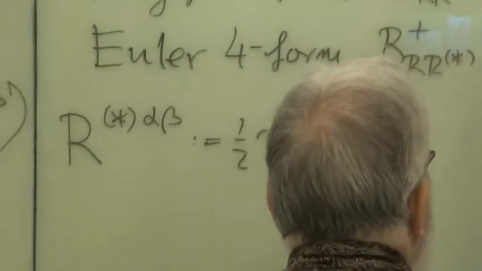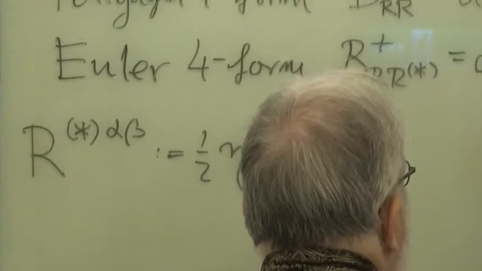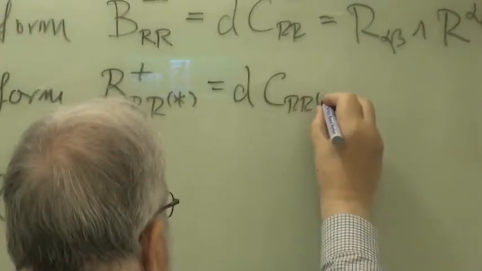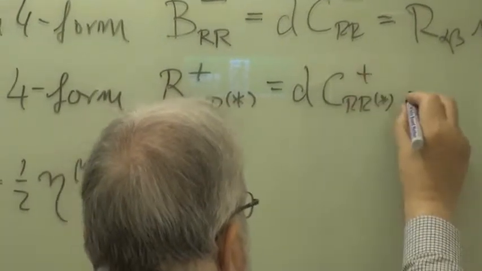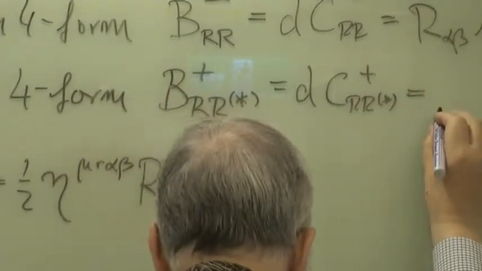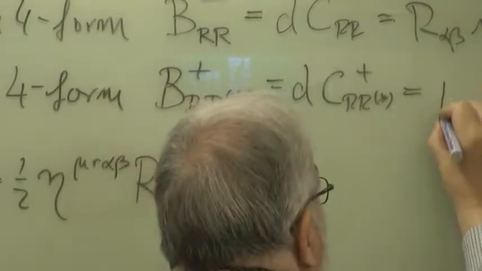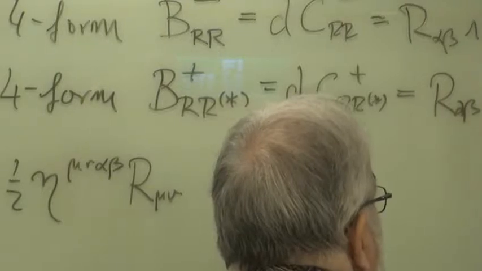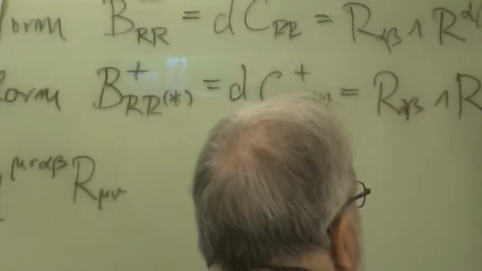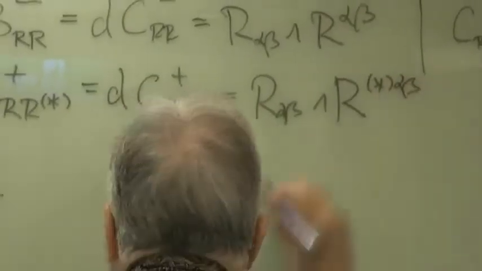And so this is the Euler form, E C R R Lie dual, plus, because it's positive parity, it's R^{αβ} ∧ R Lie dual_{αβ}.